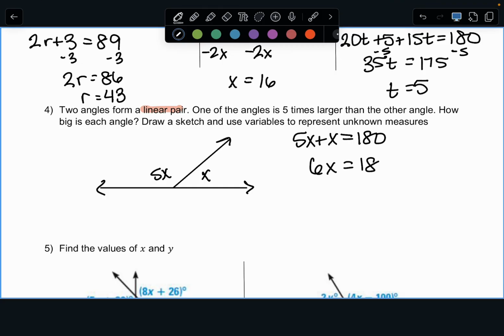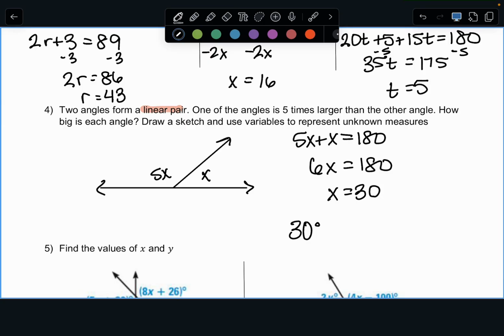5x plus x is 6x. And 180 divided by 6 is 30. And then we take a step back. Did the question ask for x or did it ask for something else? Yeah, it asked for the measure of each angle. So one of those measures is x. 30 degrees is the measure of this angle.